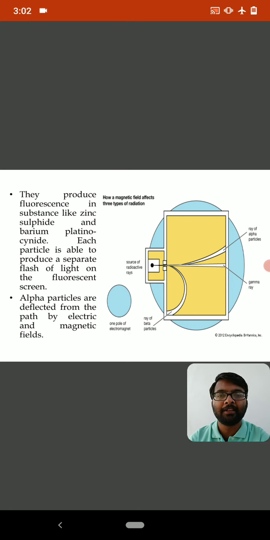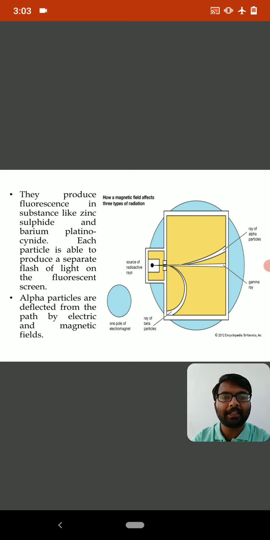Then when the radioactive source which emits the alpha particles is placed in the electric field as well as magnetic field, they show certain deflections, means as the alpha particles are positively charged particles, they are always attracted towards the negative plate. That's why they show deflections when we place them in the electric and magnetic field.